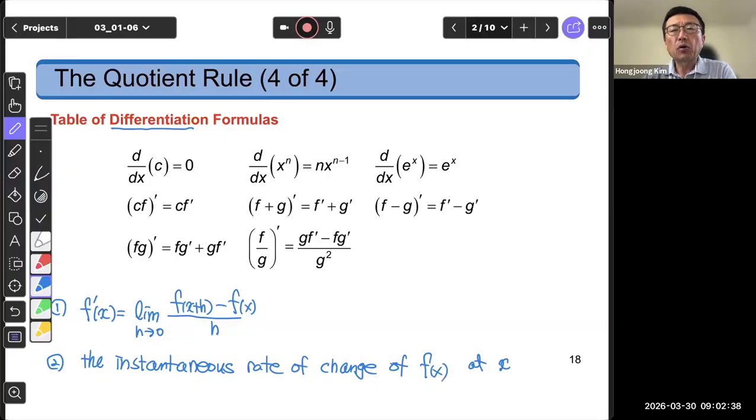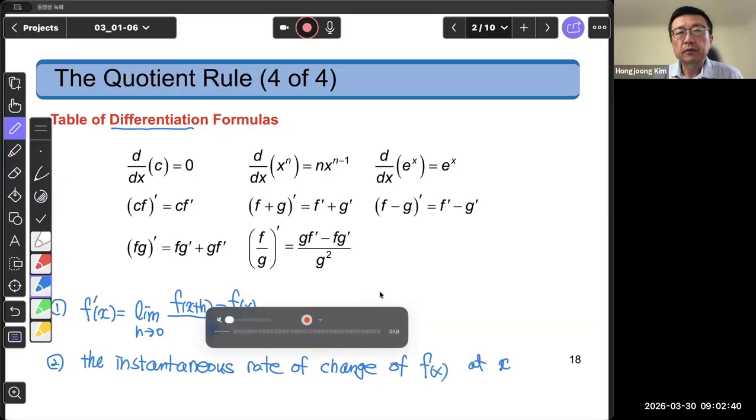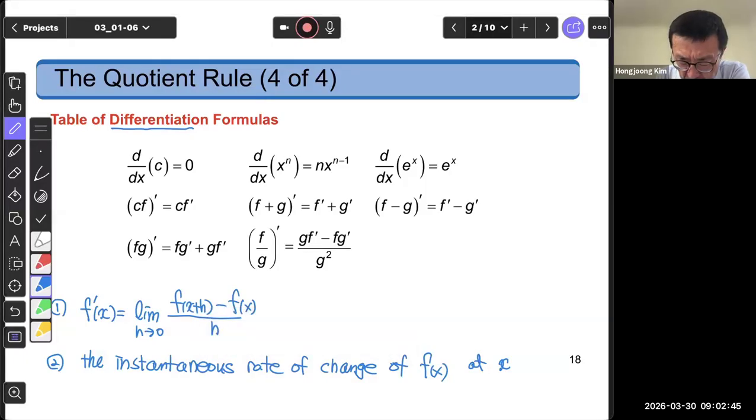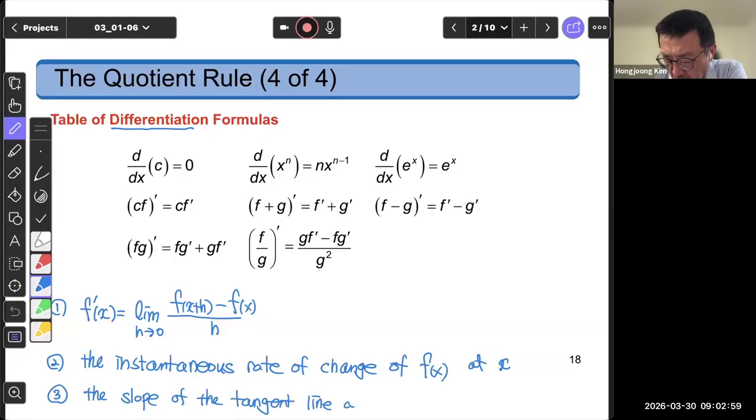Or when you draw the graph, this f prime of x represents the slope of the tangent line at point x.